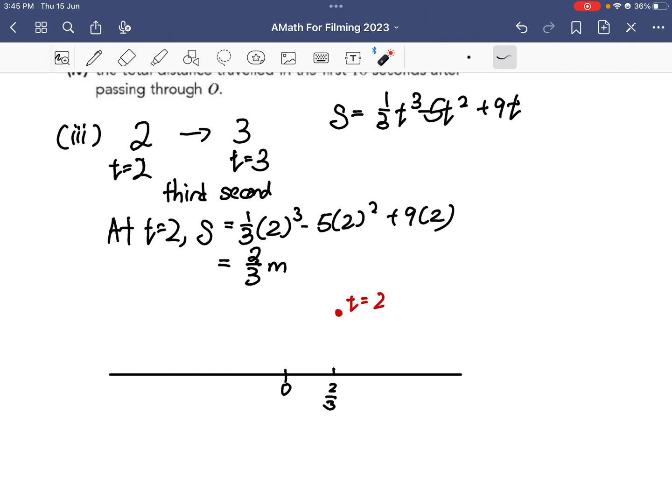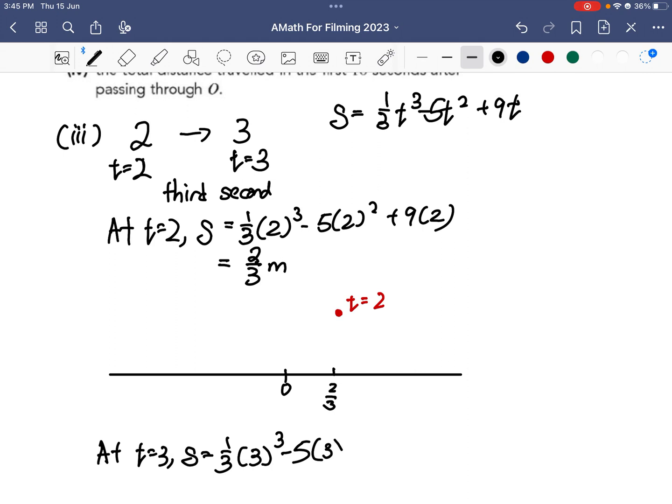Then what happens now is at t equals 3 seconds. At t equals 3, the displacement s is 1/3 times 27 minus 5 times 9 plus 27, and I'll have minus 9. So where is minus 9? It's here, minus 9.